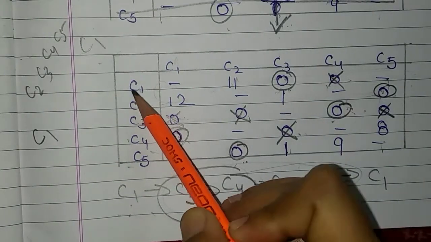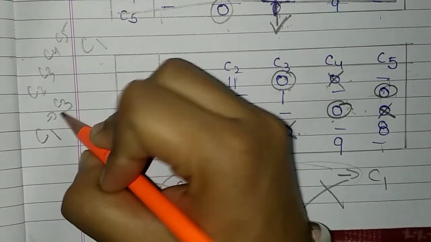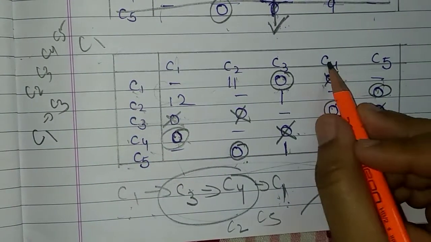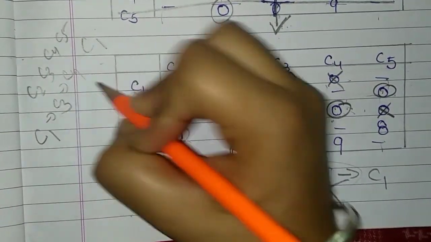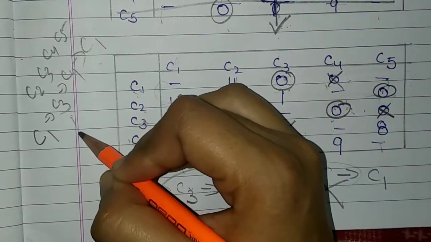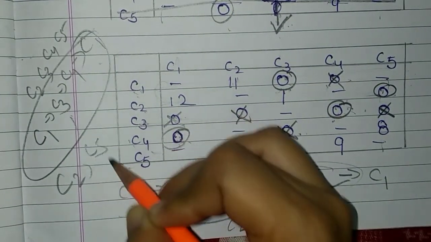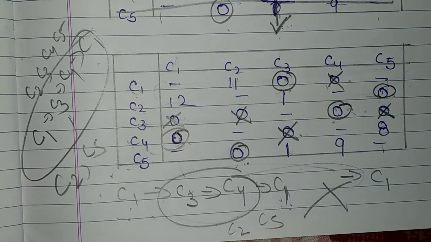But in this situation, C1 to C3, C3 to C4, C4 to C1. Here C2 and C5 are missing, so we have to prepare a tree.